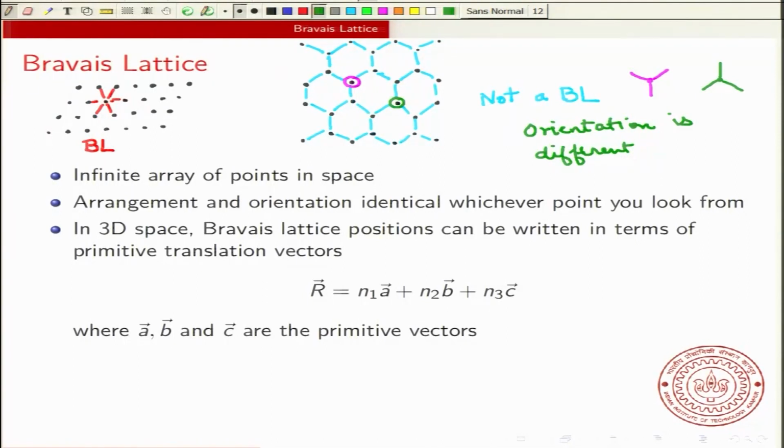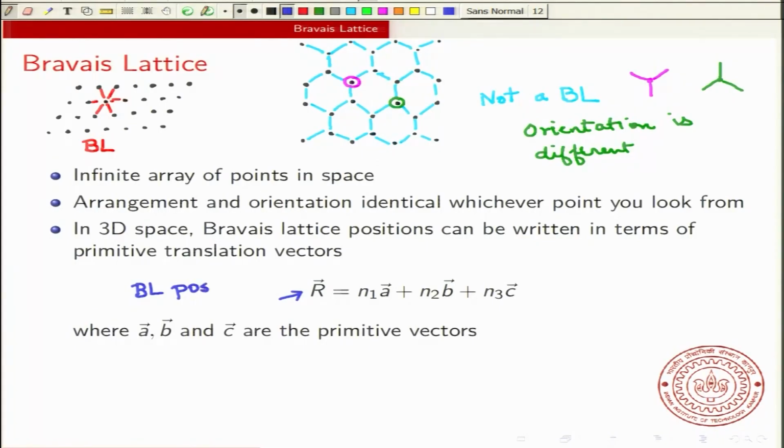Now, in 3D space, you can write the Bravais lattice positions in terms of primitive translation vectors. So, if R refers to a Bravais lattice position, that means it is one of the points on the Bravais lattice.